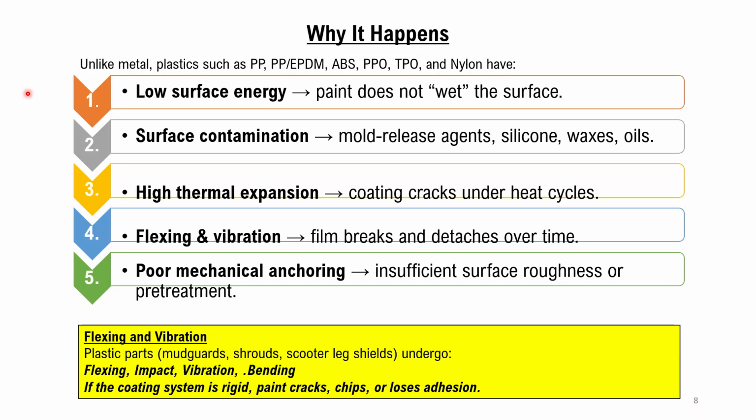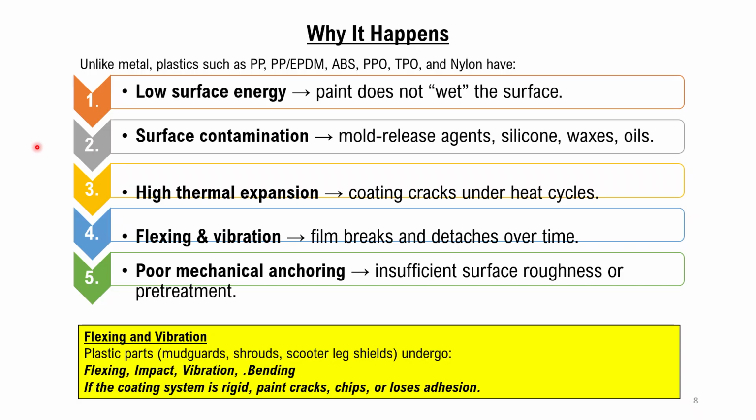Unlike metals, plastics such as PP, EPDM, ABS, PPO, TPO, and nylon have common characteristics. Number one, low surface energy, that is, paint does not wet the surface.